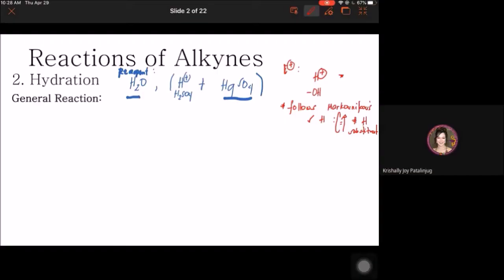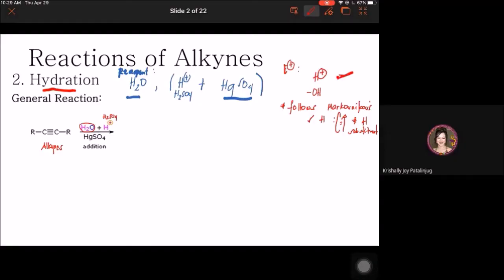So initially, during hydration of alkynes, you have any compound with a carbon to carbon triple bond functional group. Upon the addition of water, since this is hydration, make sure that the reagent contains an acid, usually sulfuric acid, to have a donor of hydrogen.